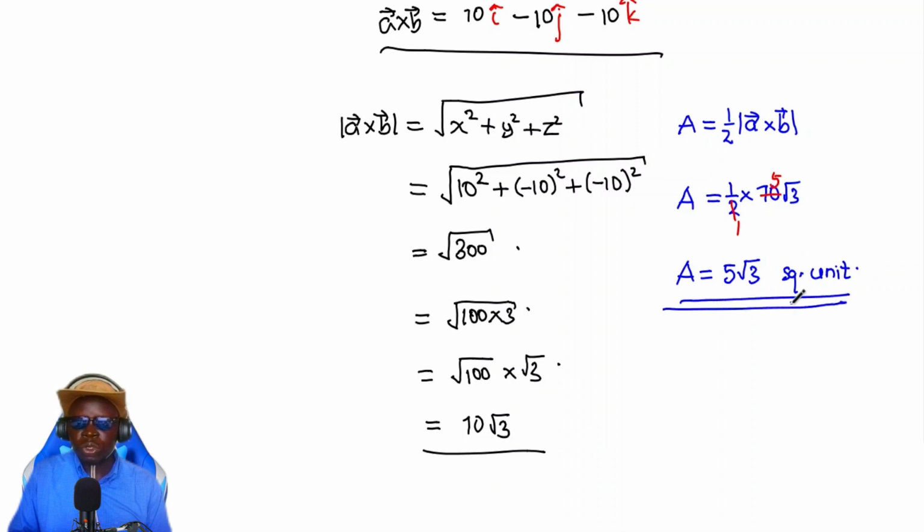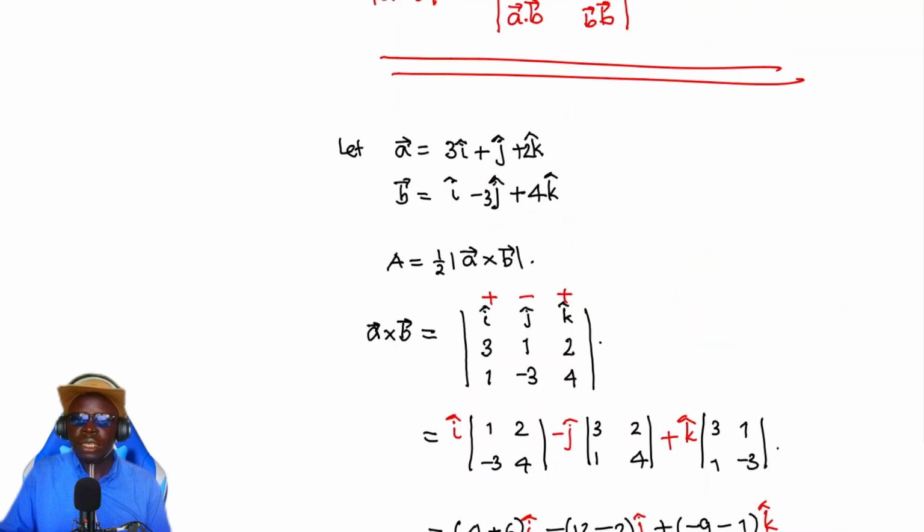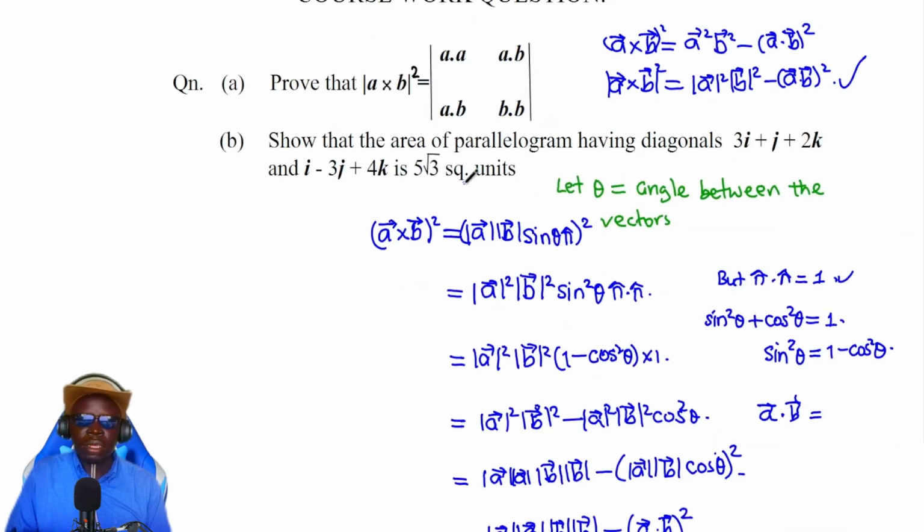We're asked to show that the area of these vectors will give us this. Let's check the question and see that for sure it matches. So indeed, when you look at it carefully, you will see that the area is exactly the one mentioned here. We have shown that when we cross these vectors, we can get the area of that parallelogram, and it's exactly what we've gotten here.